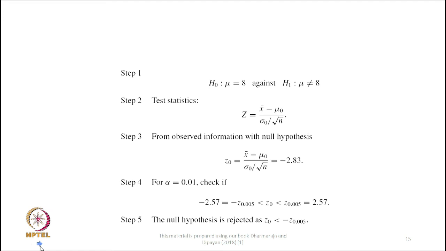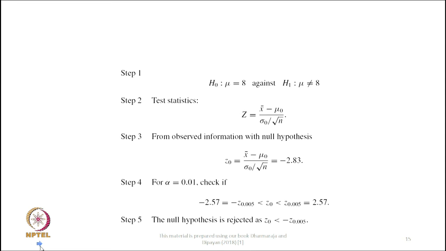Step 3, find the value of the test statistic with the help of the observed information and the null hypothesis. That has nothing to do with alpha. Step 3 has nothing to do with alpha. Step 4 has nothing to do with the sample information. It is with the test statistic, identifying the starting point of the critical region.